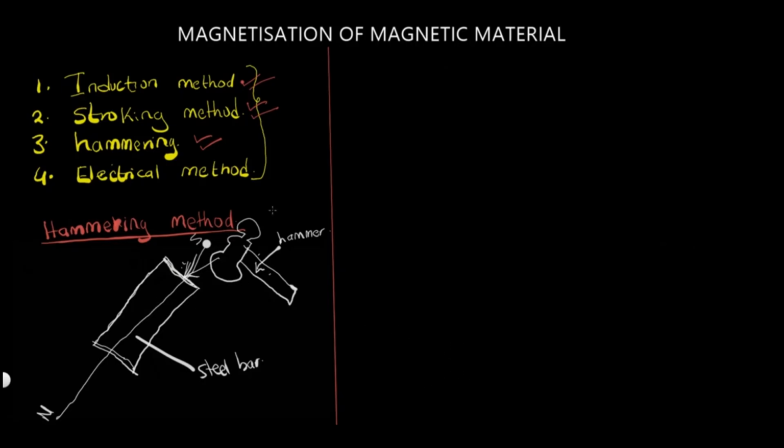So now let us look at the last method of magnetizing magnetic material, which is the electrical method. So how are you supposed to magnetize magnetic material using electricity? You can use a solenoid. For those who do not know what a solenoid is, a solenoid basically looks like this.